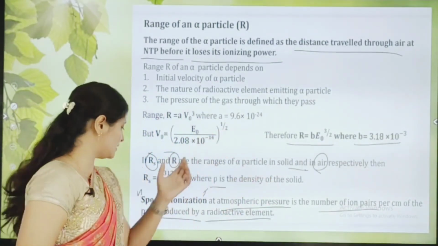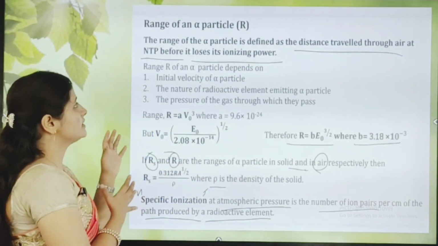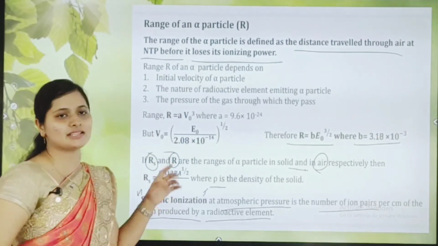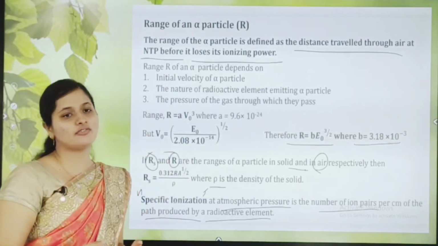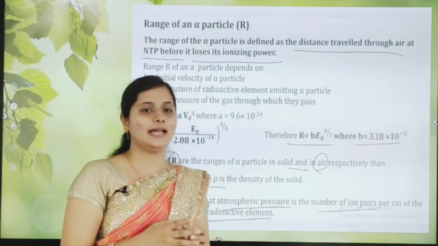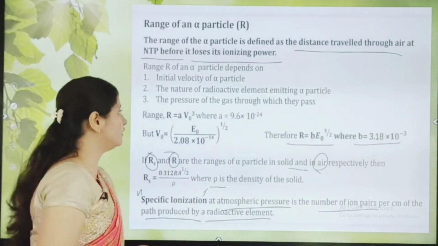So we can call this the specific ionization. In this slide we studied the range of an alpha particle, the three factors it depends upon, the formula, the range in solid as well as air, and the last one, specific ionization. We'll move to the next.